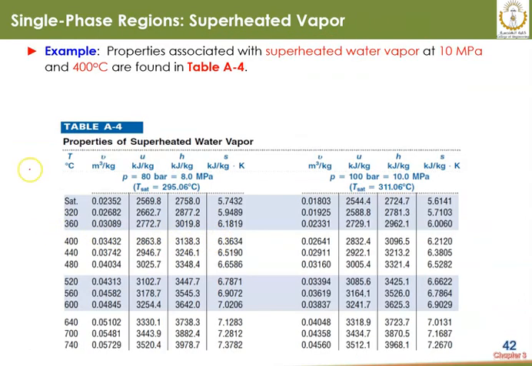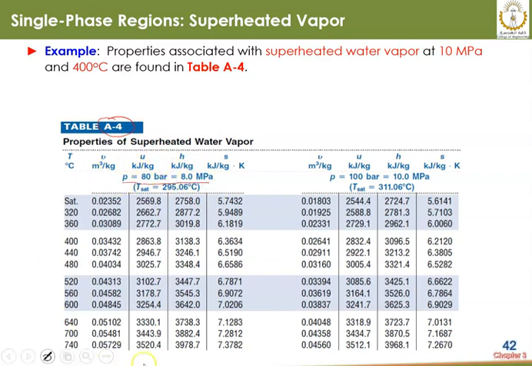And this shows part of the superheated table. The superheated table is in table A4, and in A4 we have a table for each pressure.